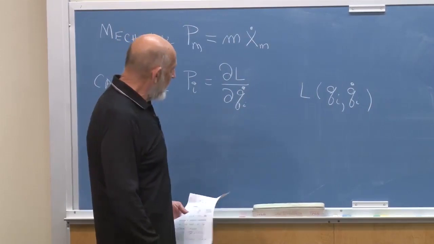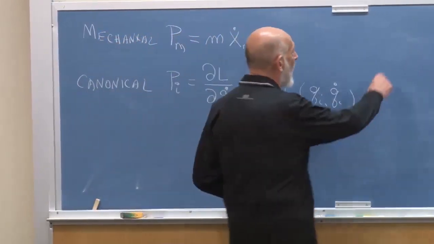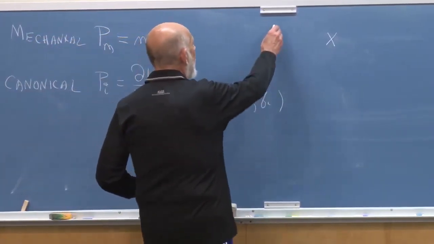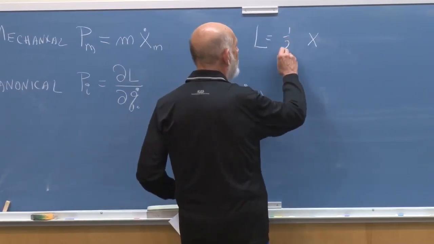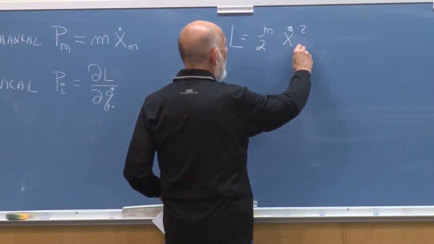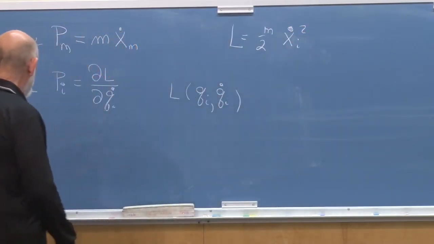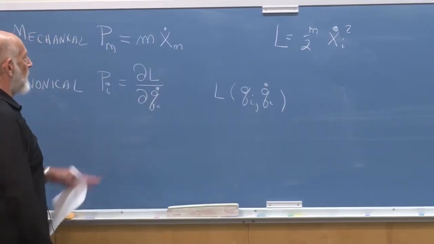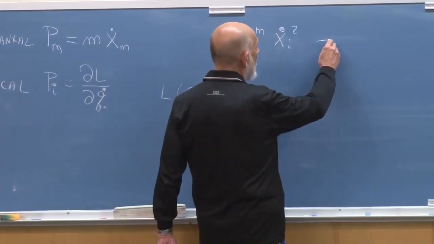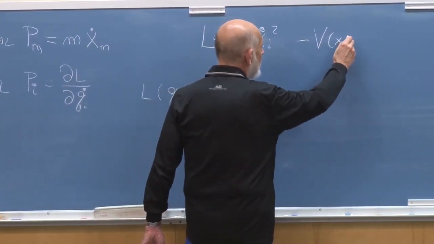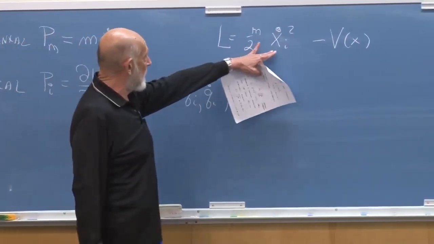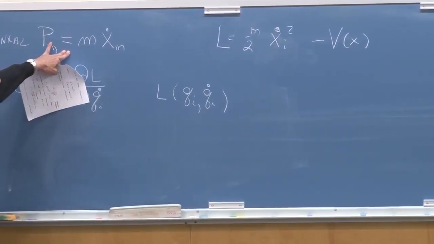If the coordinates q happen to be called x, and if the Lagrangian happens to be L equals 1/2 the mass of a particle times qi dot squared, plus or minus some potential energy V of x, then the derivative of the Lagrangian with respect to the velocity is just the mechanical momentum.